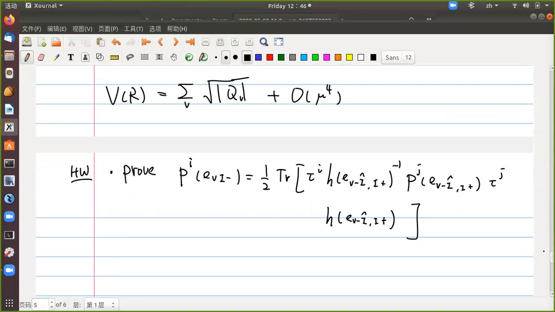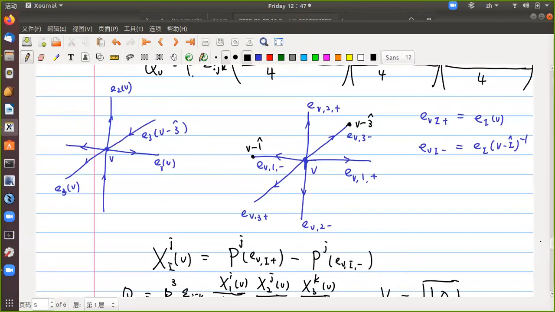Okay, so firstly, you need to prove this relation. So this means that you can see that this is positive direction from V minus I hat. Okay, I found here I oriented wrong.